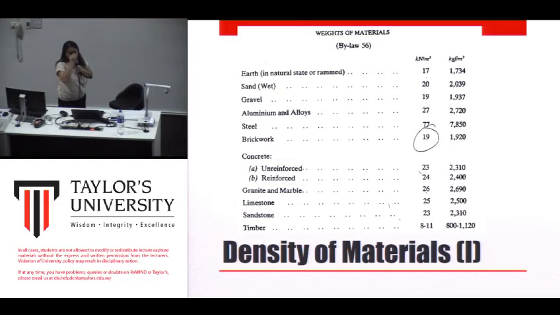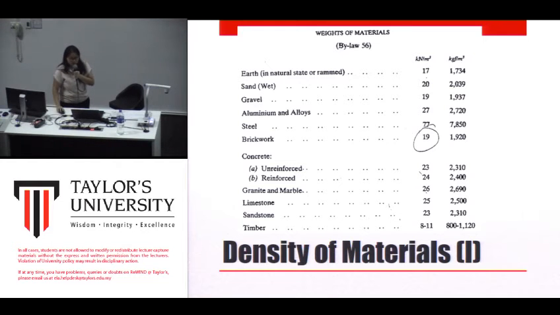So Uniform Building Bylaw. You look at, I think, Schedule 4. Try to look for Schedule 4. All the densities of common construction material are listed in Schedule 4. Do you have it? Schedule 5. All right, either Schedule 4 or 5.